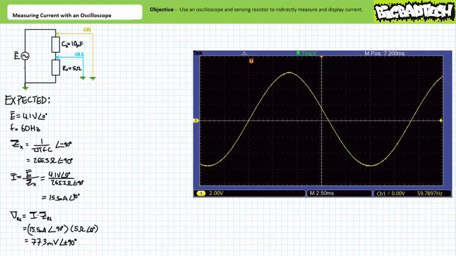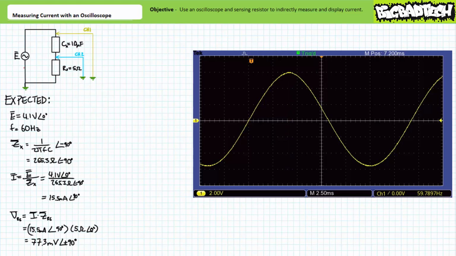If we place the voltage across the whole series circuit on channel 1, it might look something like this. Note channel 1's vertical sensitivity is set to 2 volts per division, and the horizontal sensitivity is set to 2.5 milliseconds per division. It looks like the voltage waveform on channel 1 has a peak-to-peak span of roughly 5.8 divisions. You note it's a little asymmetric in that the positive half seems to be larger than the negative half, but not by much.